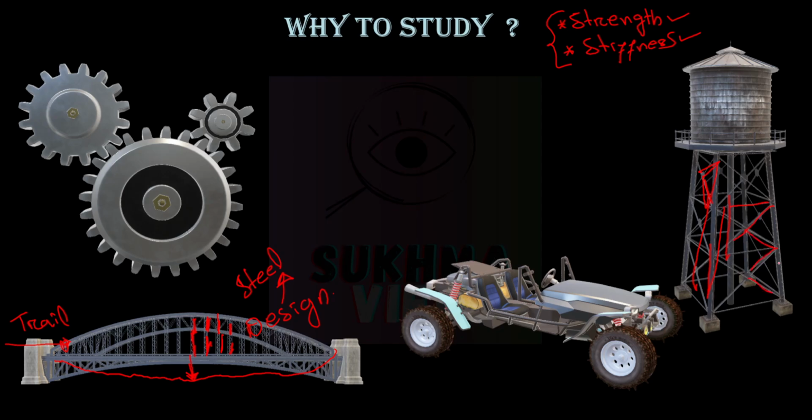Like a bridge, it should also have these two things, strength and stiffness. Else what will happen? If it can carry a load of 50 newton and you are applying 60 newton, it will fail. This pole will fail. Then the structure will collapse. So it should have sufficient strength.